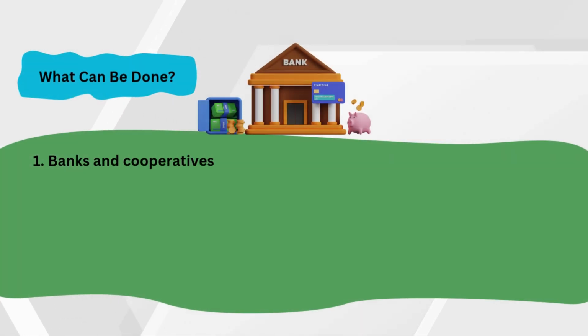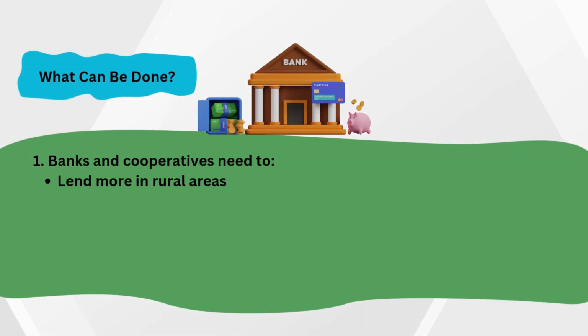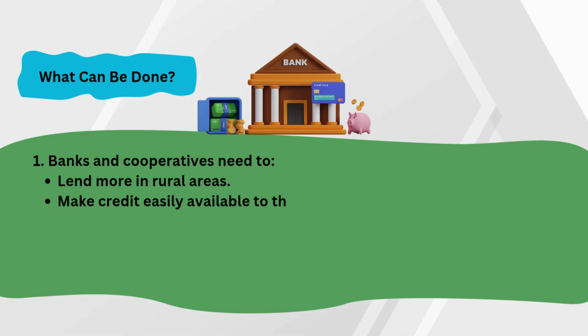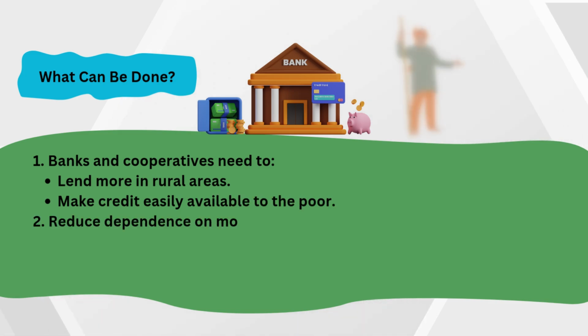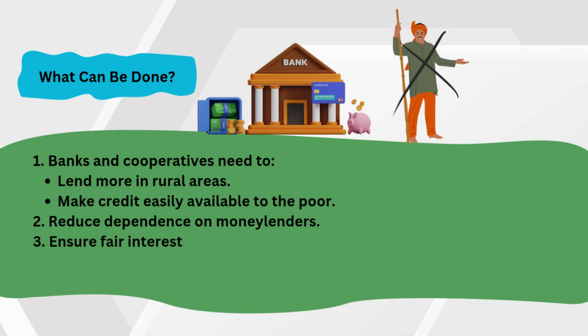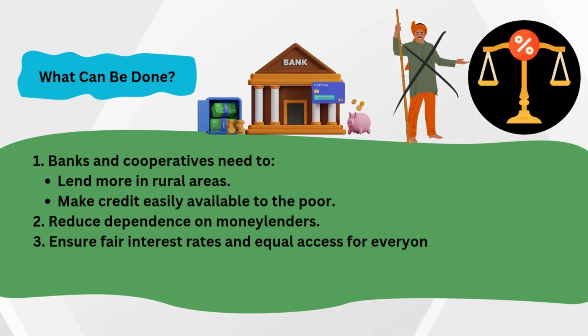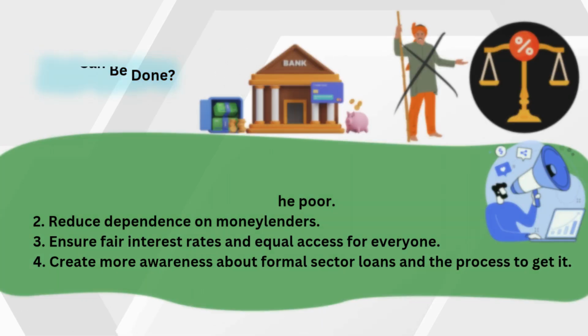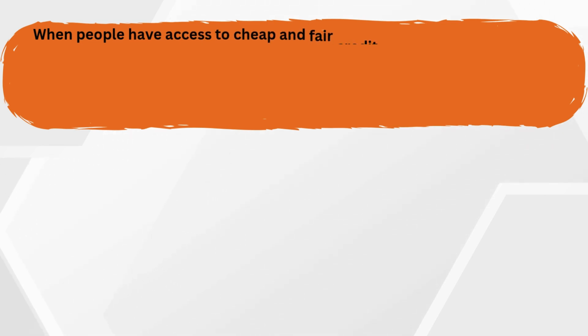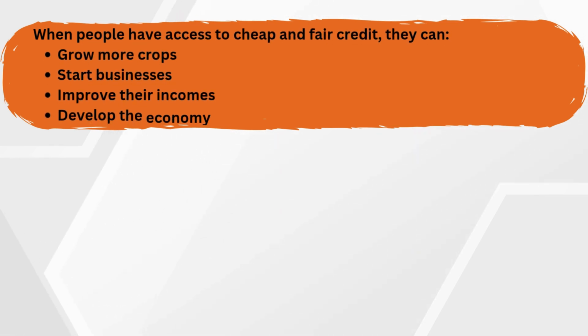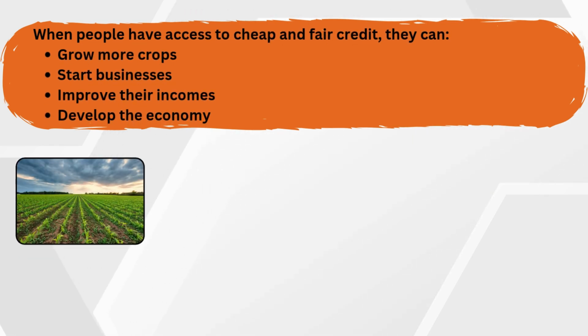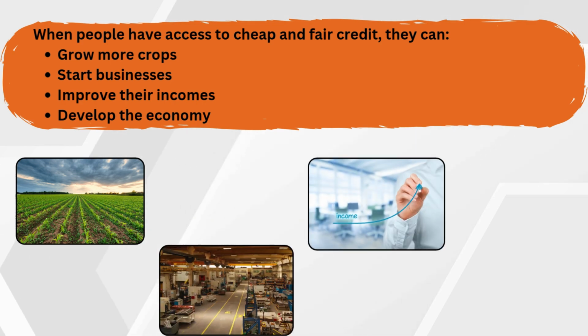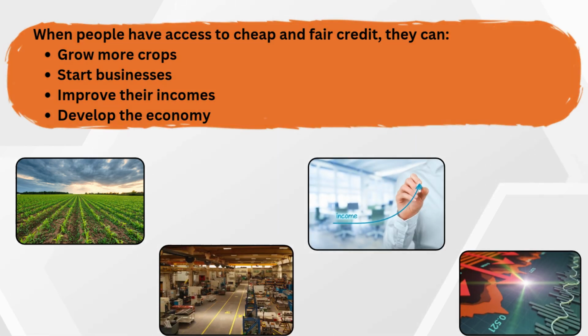Banks and cooperatives need to lend more in rural areas, make credit easily available to the poor, reduce dependency on money lenders, ensure fair interest rates and equal access for everyone, create more awareness about formal sector loans and the process to get it. When people have access and knowledge about cheap and fair credit, they can grow more crops, start businesses, improve their incomes, and develop the economy.